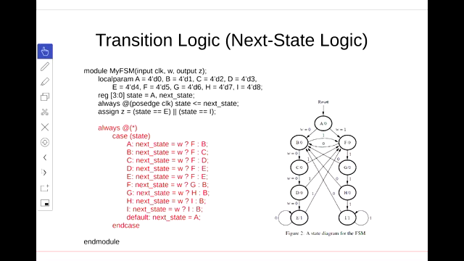So in this case here, I was a little bit sneaky. If I'd done it the full way, my truth table would have to contain both my current state and the input. And so my case statement would have been case, squiggly bracket, state, comma, and whatever I call the input, W or whatever.